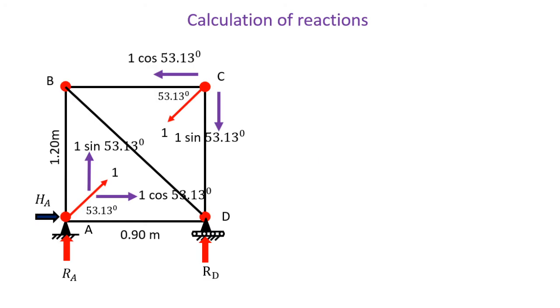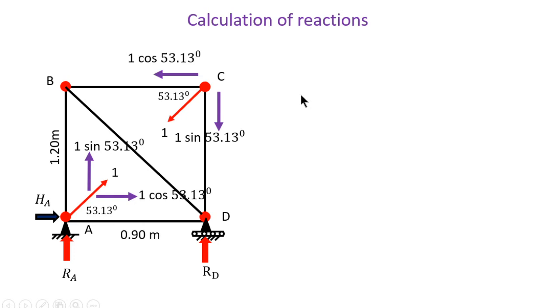Now the next step is the K analysis. Because there is no external load, there is no P analysis, so we directly switch to the K analysis, that is the force developed in the member due to the unit force. Now the calculation of the reactions.